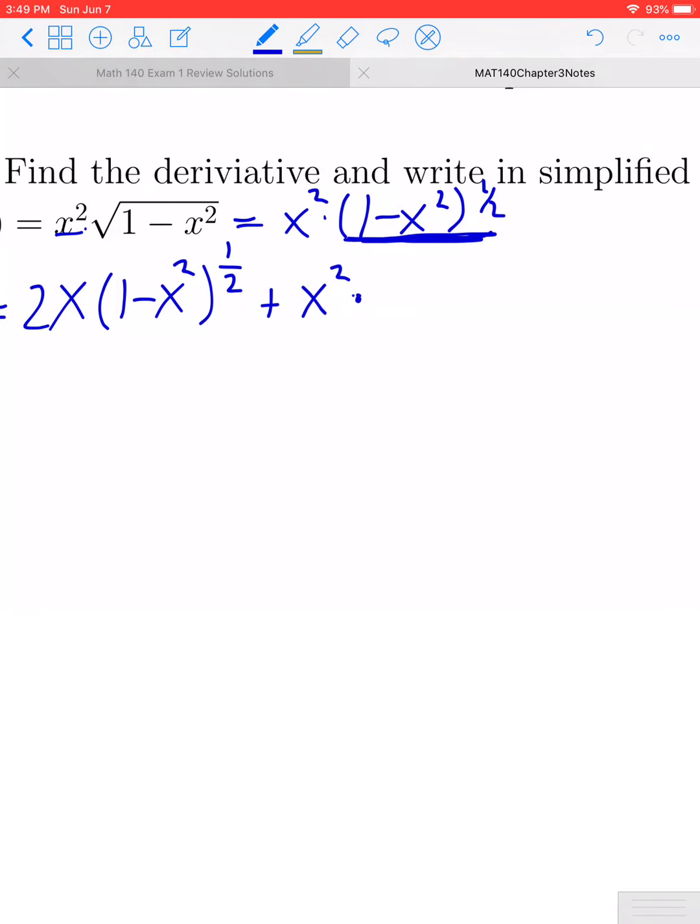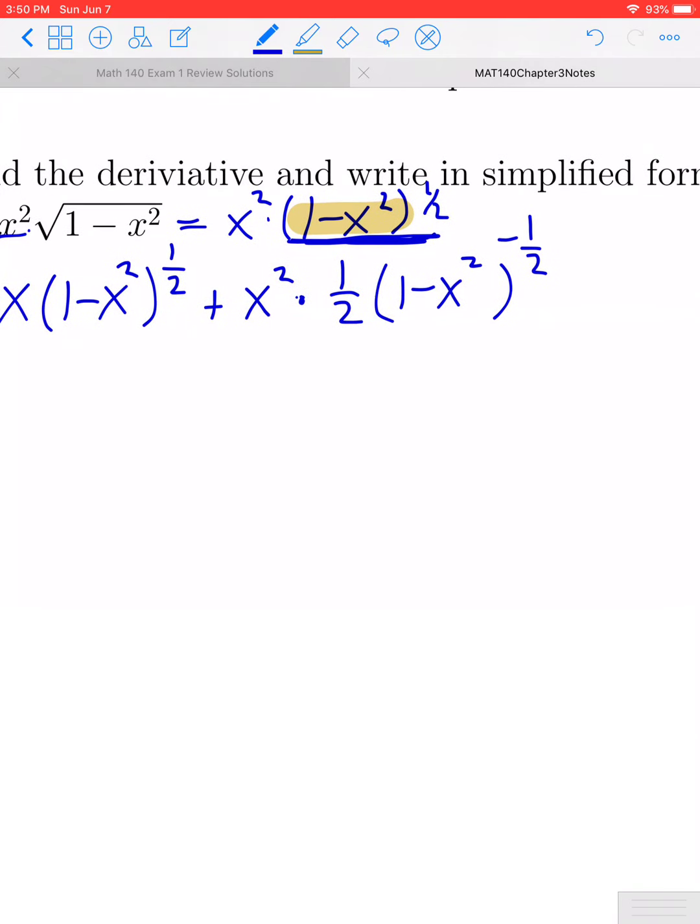This is the composition of a 1/2 power function, or square root, with the polynomial 1 minus x squared. The chain rule would say do the derivative of the outside function first. So I'm going to bring the 1/2 down, reduce that power by 1 to the negative 1/2, and I'm going to leave the inside function alone.